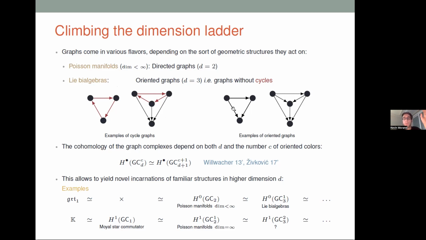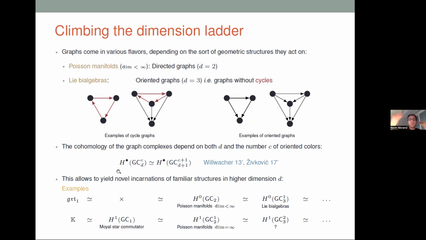But removing all the cycles in fact changes the cohomology. This was shown by Pfeffer and Živković: the cohomology of a graph complex with one oriented color is in fact equal to the cohomology of the graph complex without oriented colors, but in one dimension lower. So there is this relation between the cohomologies.